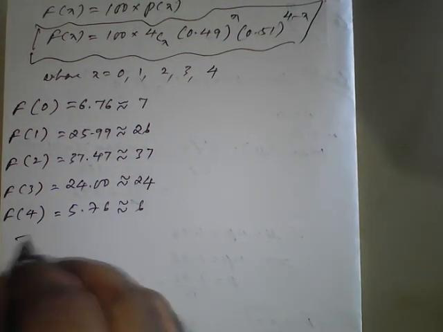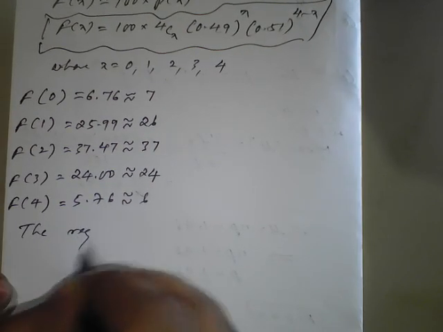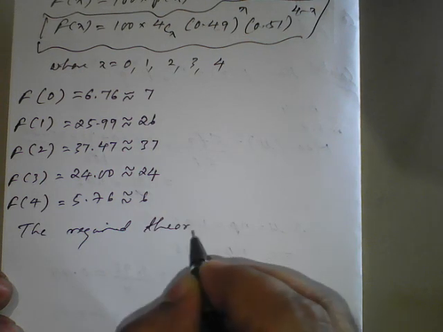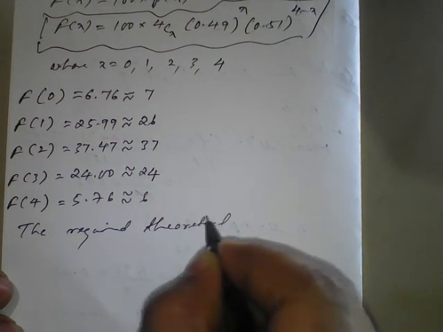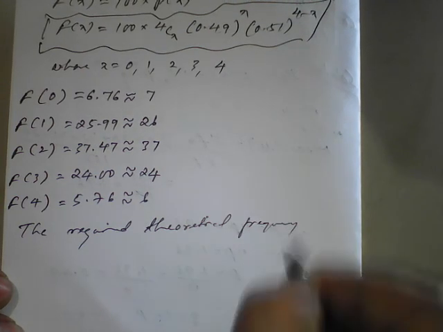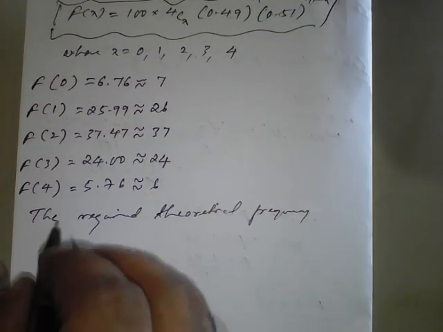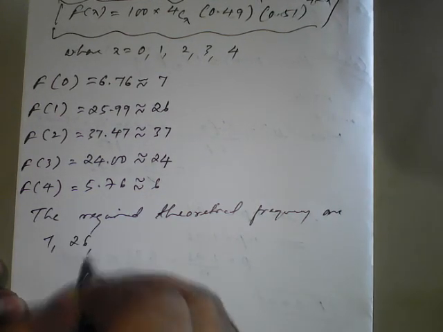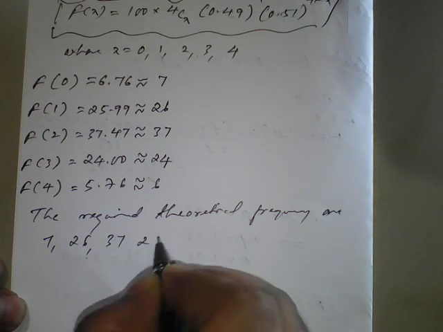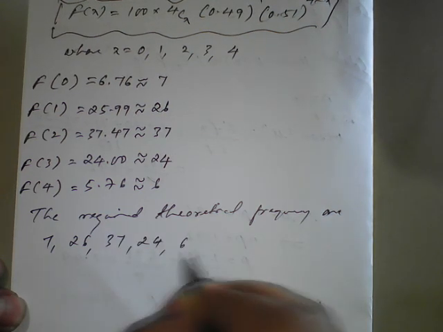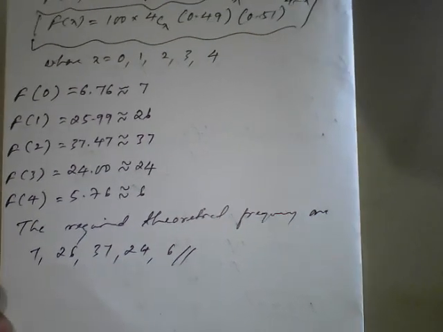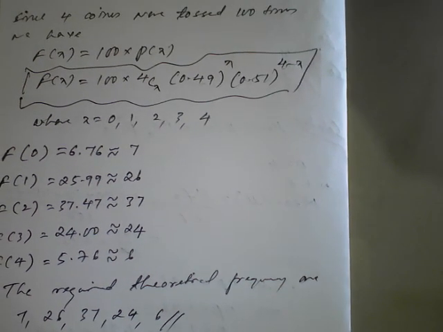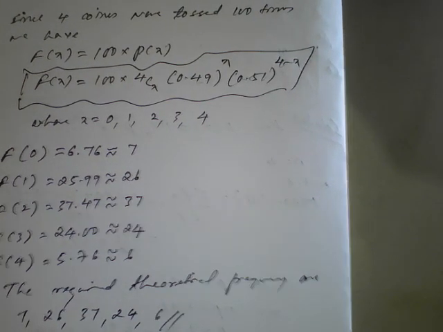So the required theoretical frequencies are 7, 26, 37, 24 and 6. In this way you have to complete the problem. These kinds of examples are important. Thank you.